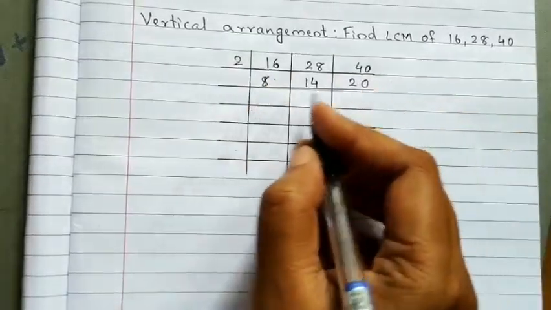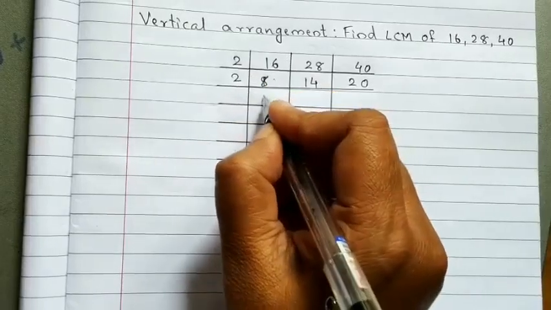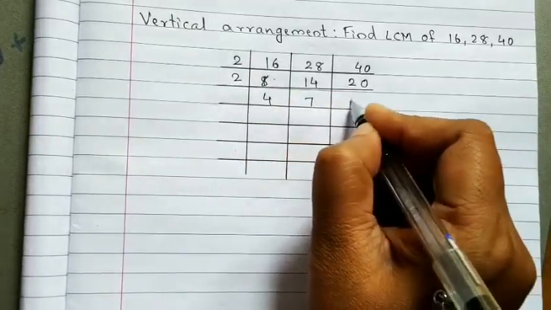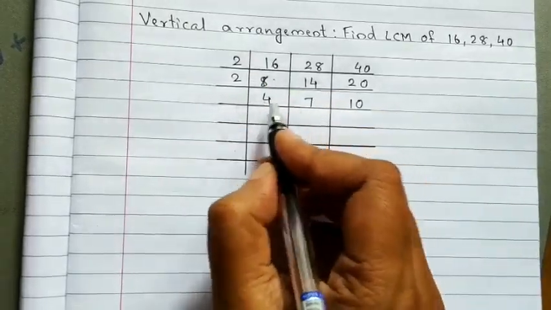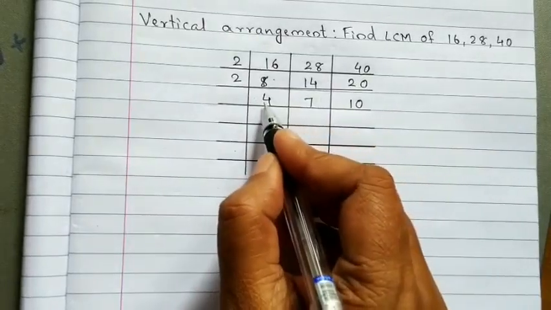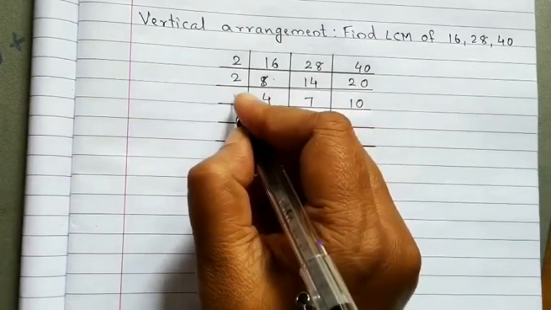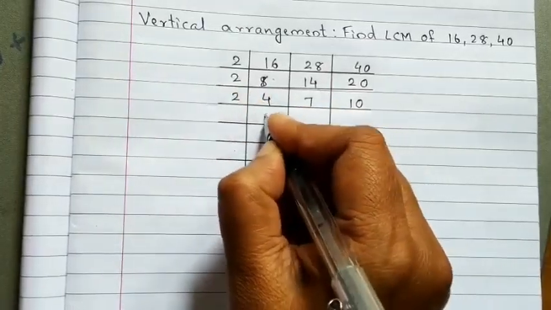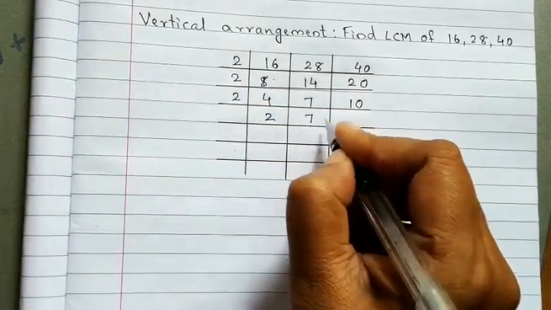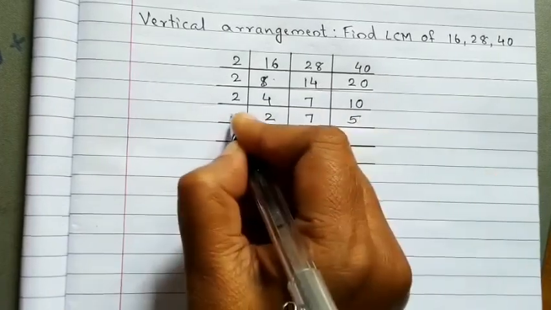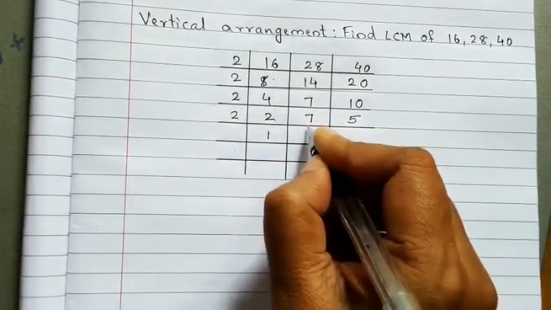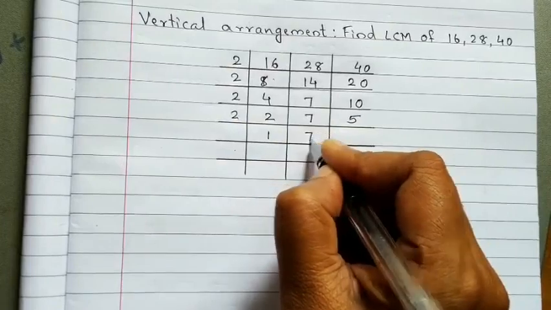So you get like this, again they are even, so divide by 2, 4, 7, 10. Now if you see, there are no common factors, but 4 and 10 are again divisible by 2. So you can continue the division. 2, 7, 5. Again 2, 1. If it is not divisible, you write the number as it is.